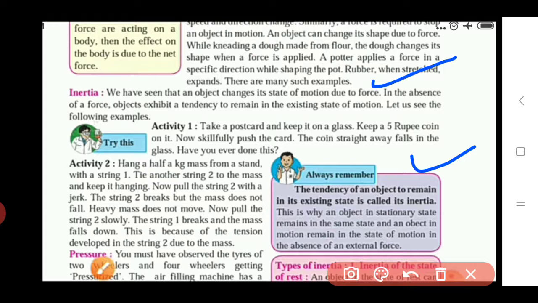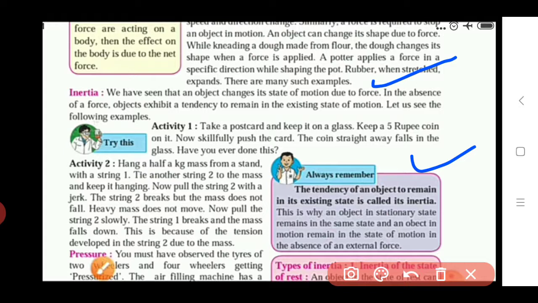But when no force is applied on any object, whether it is in motion or stationary, it remains as it is in its state. Stationary objects remain stationary, and moving objects remain in a moving state.